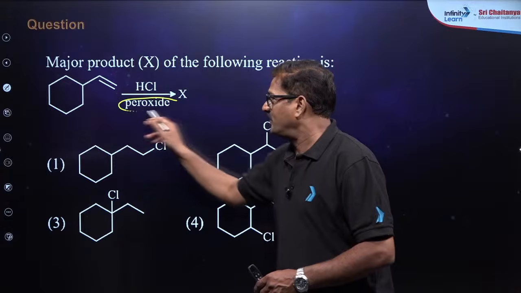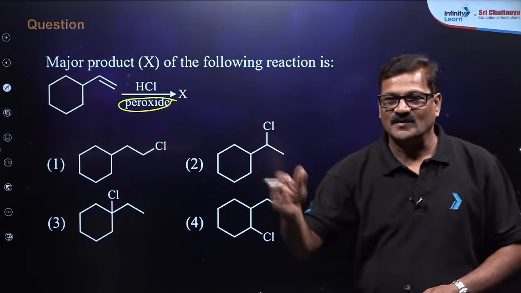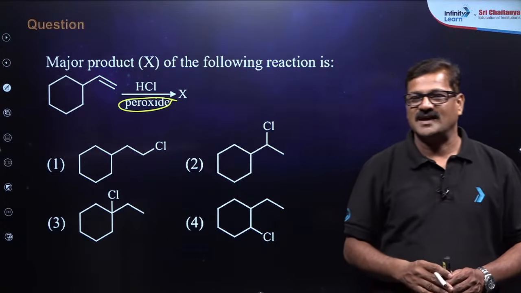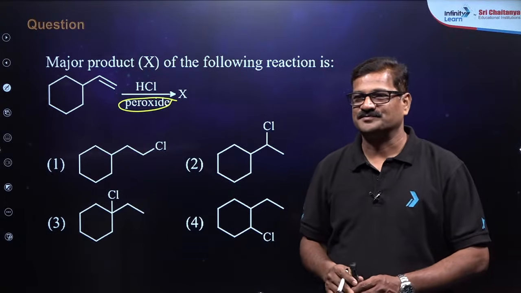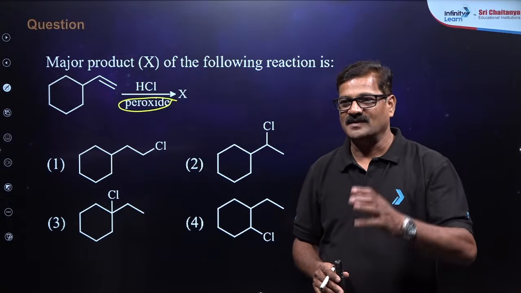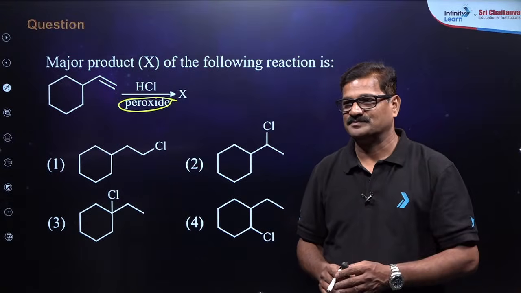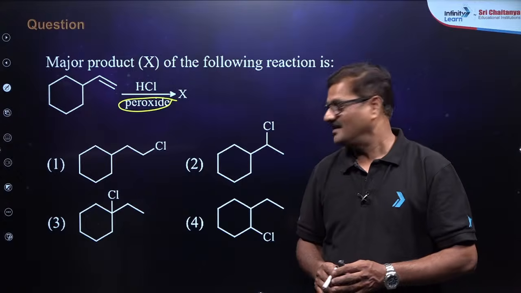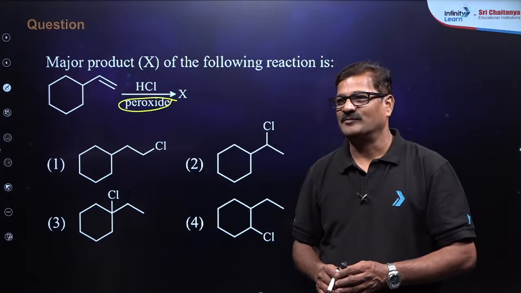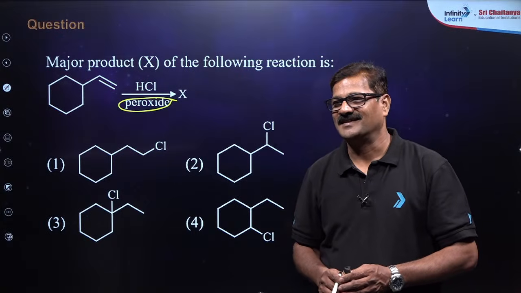HCl in the presence of peroxide, you want to use the anti-Markovnikov rule. First you say yes or no. Bhuvanesh, 3, Varsha.